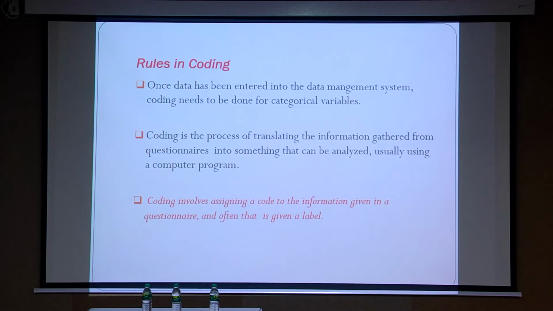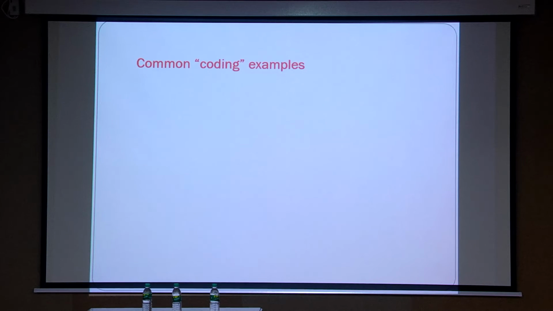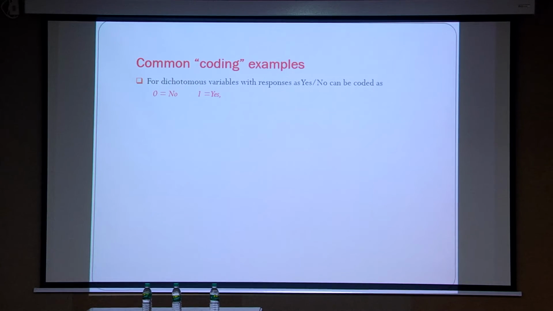Coding involves assigning a code to the information, and often the code is given a label. So let's look at some of the coding examples. For categorical variables with dichotomous responses like no or yes, coding is very easy. We can put 0 as no and 1 as yes, where 0 and 1 are the codes and no and yes are the actual values of the codes or the meaning of the information.